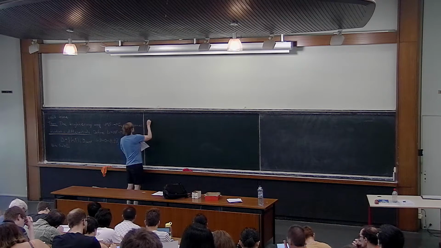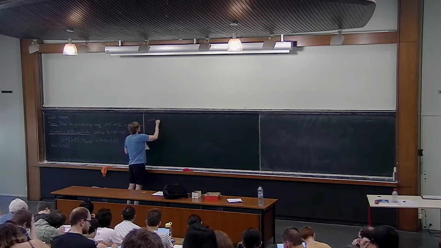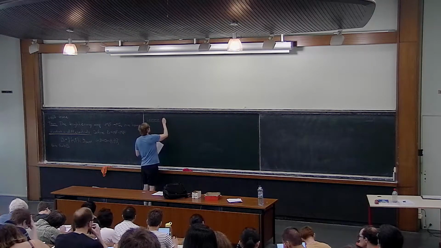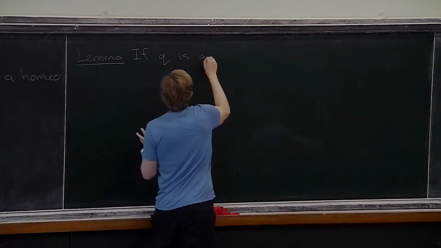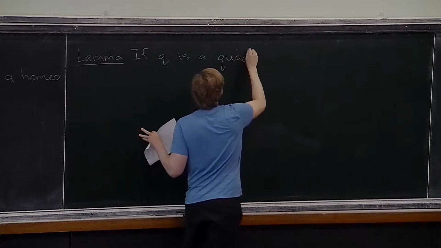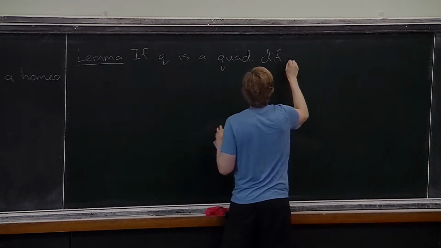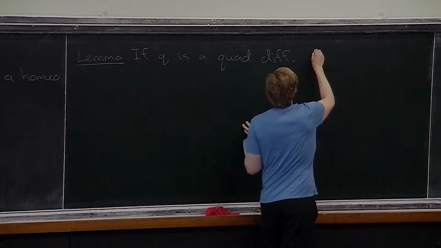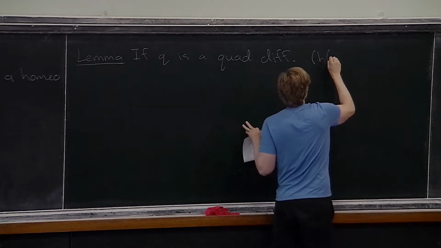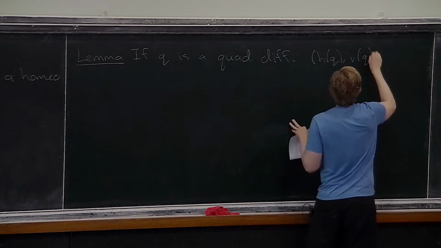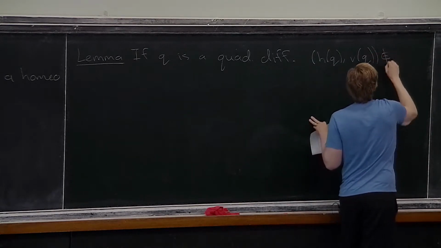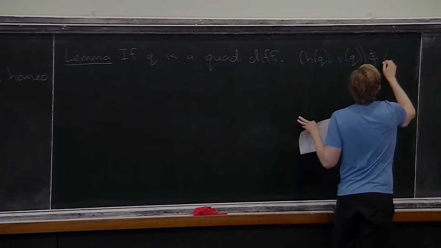Okay, so the first lemma I want to discuss says that if Q is a quadratic differential, then I can look at its horizontal foliation and its vertical foliation. So these give two measured foliations, and this is not in delta.